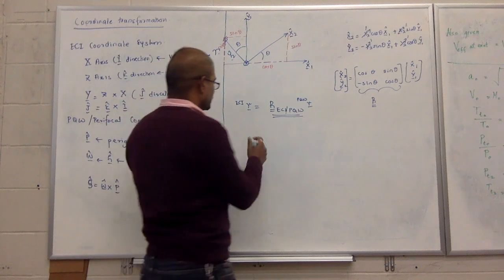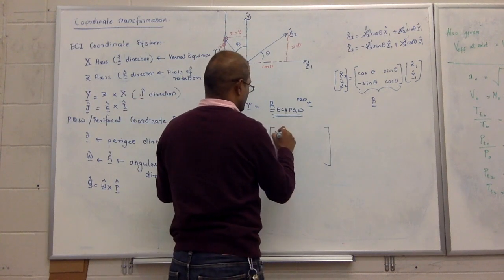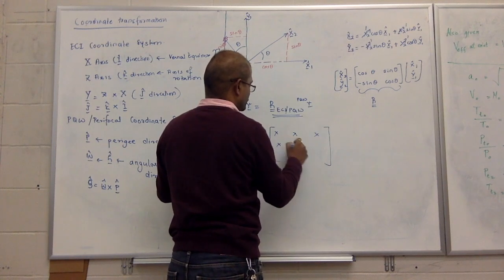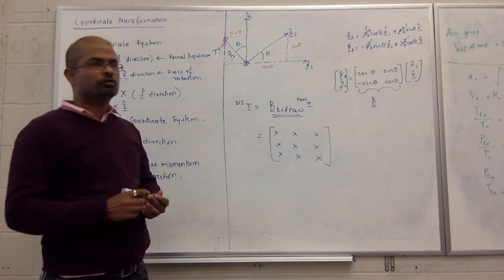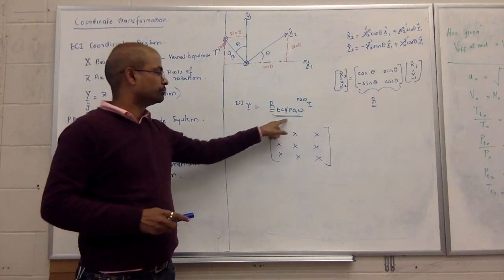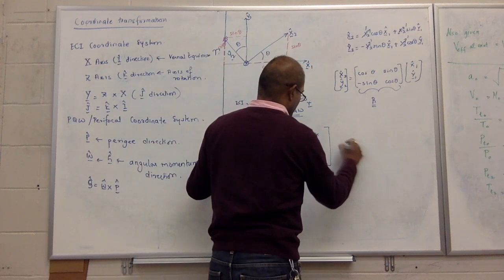So what does R look like expressed in ECI? This will look like a 3 by 3 matrix. Your R will still be here.